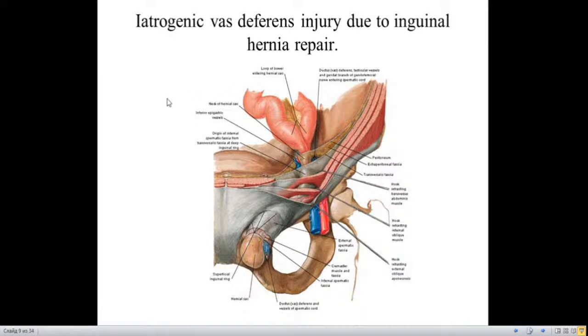And let me comment on one term posted on this slide, iatrogenic. Iatrogenic comes from the Greek word iatros. Iatros means doctor, physician. Genic, genesis, origin. So this term means a problem caused by the actions of medical officials, doctors, nurses, and so on.